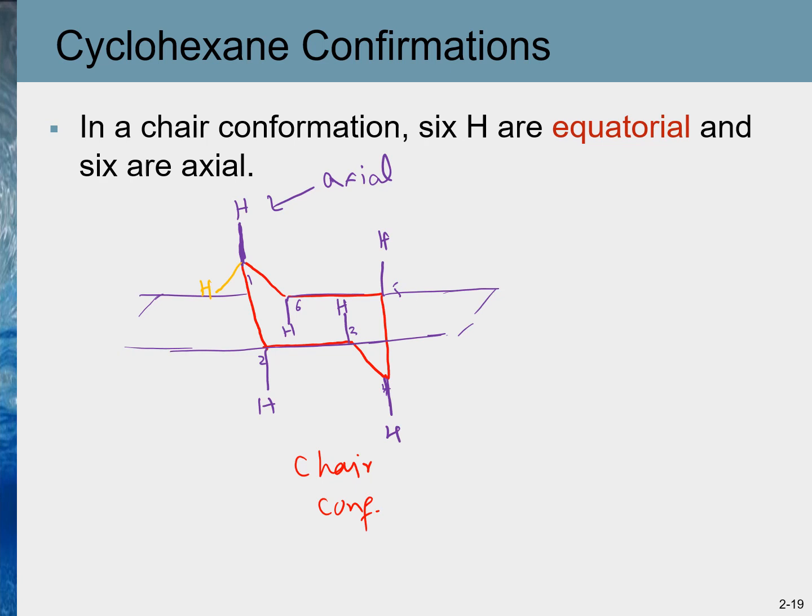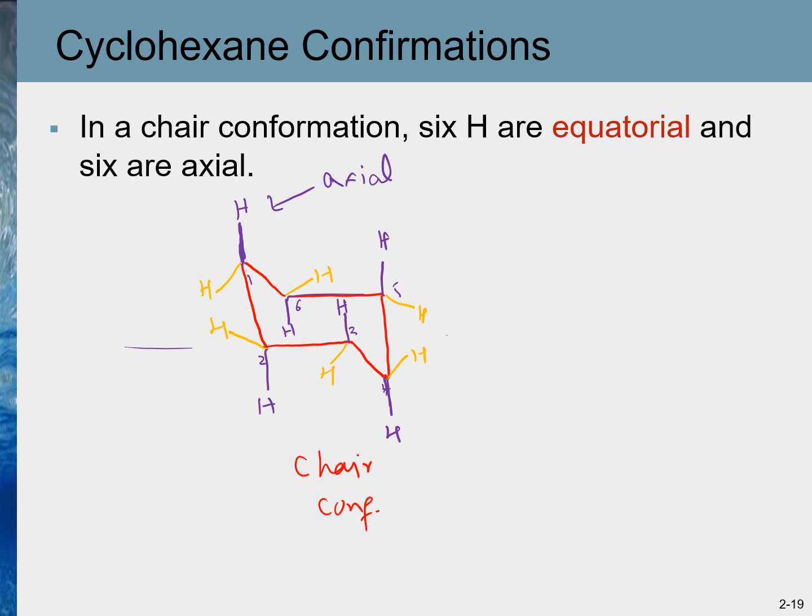The yellow one is equatorial. Similarly, the equatorial position here will be this one. Equatorial position here will be this one. So the yellow ones are equatorial positions. Let me clean up my structure. You can clearly see what are axial, what are equatorial.